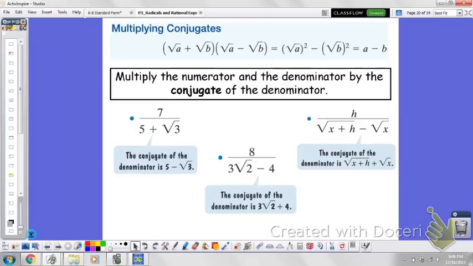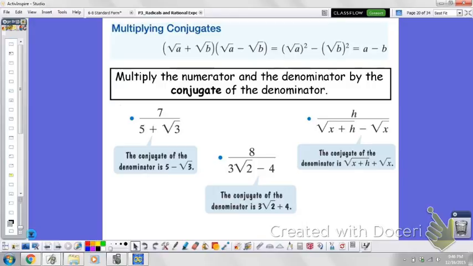So sometimes when we have square roots in the bottom of a fraction, they have something added onto it. So in the case of the first one where we have 5 plus root 3 in the denominator, multiplying by root 3 over 3 is not going to rationalize it. So we need to be able to multiply by something that will get rid of that 5 plus root 3.